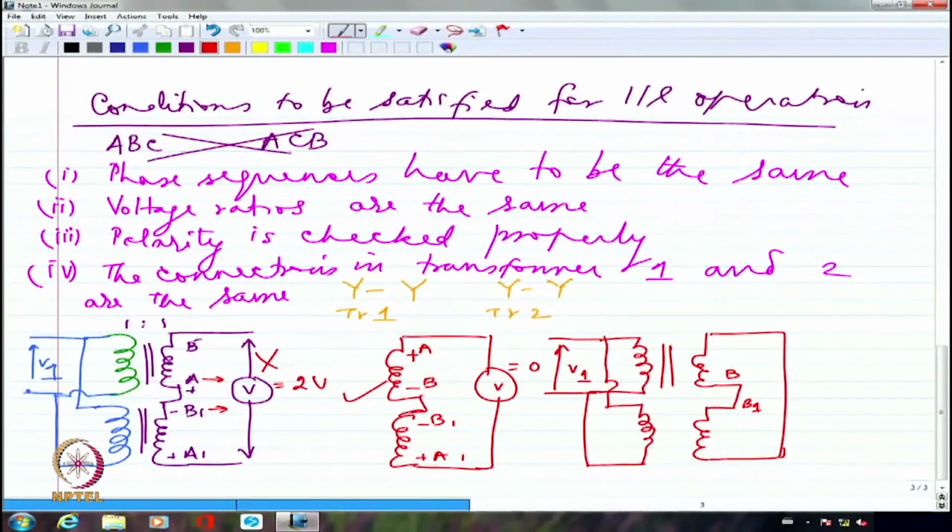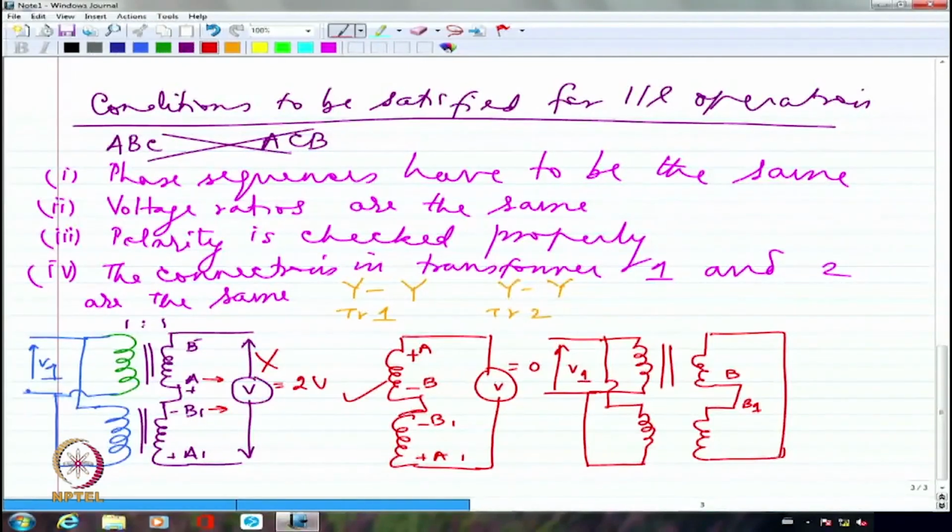So even for 0.2 volts, I may get a current of the order of a few tens of ampere. It's very much possible if the transformer is of large capacity. Because the resistances are going to be really, really small, I am going to have a huge circulating current.